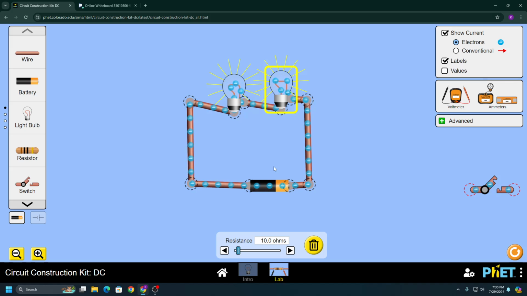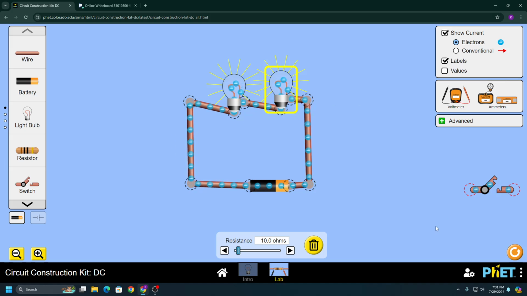Current is just charge per time, and the electrons are negative charge. You can't lose negative charge because of conservation of charge. You can't lose electrons. Electrons aren't going anywhere. What's really being used up is their electric potential energy. The battery gives them electric potential energy, and that is going to get used up.